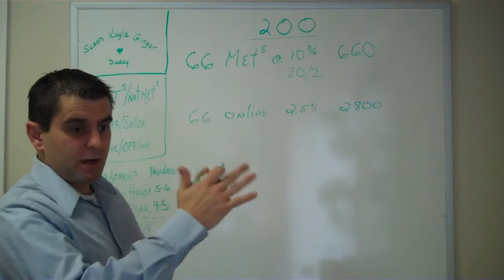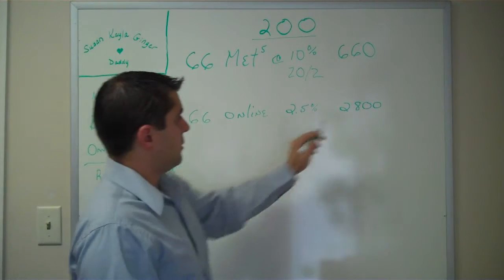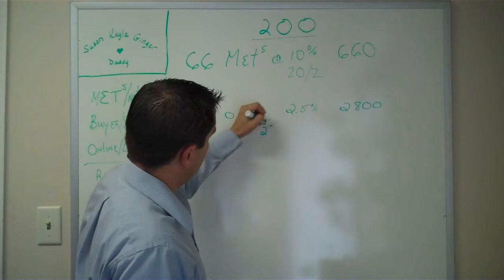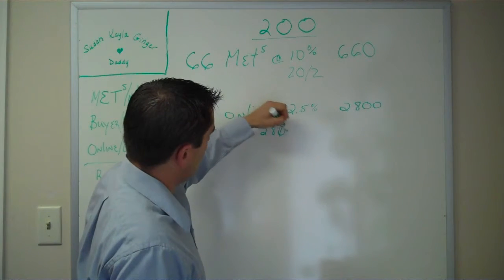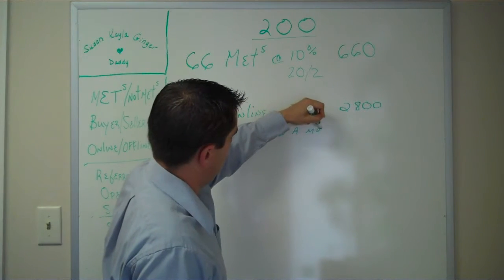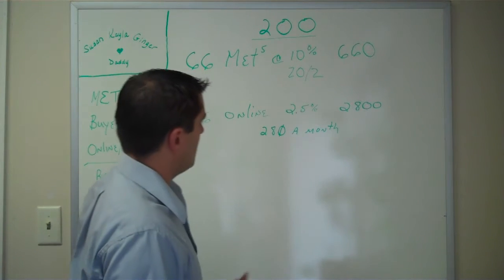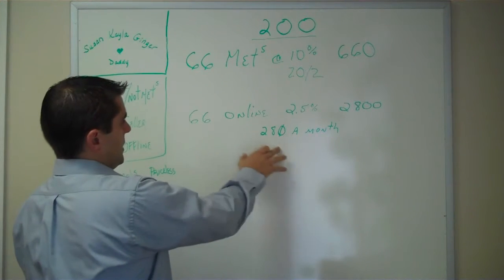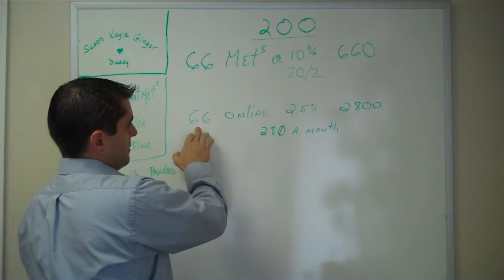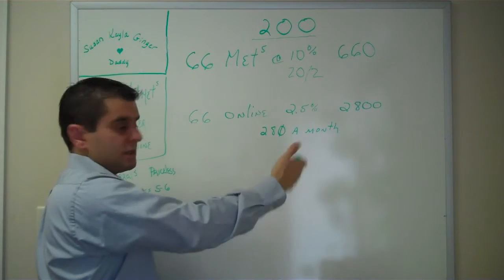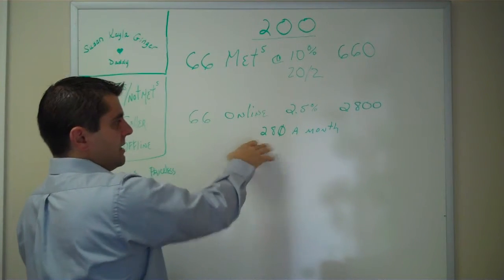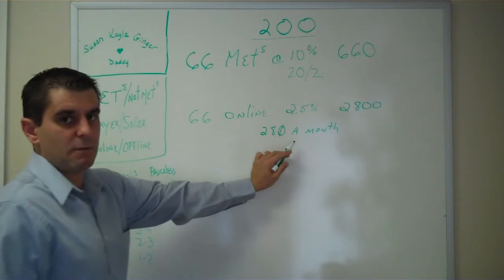That gives you 2 months to ramp up or 2 months to make up. So this means you'd have to have 280 online leads a month. So that would be 6 homes. Yep, that's about right. So 275 to 280 online leads a month.